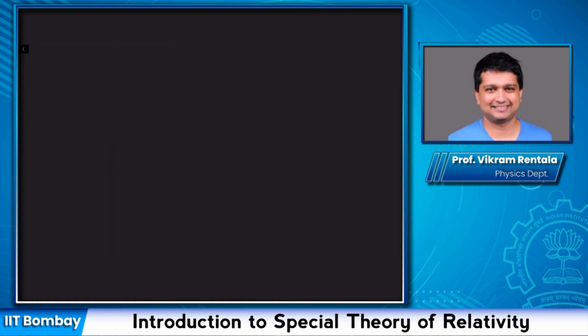All right, now that we know how to establish a dictionary between two observers who are at rest with respect to each other, let's ask a different question. Let's take two observers, but let's suppose that the first observer is here, and they have coordinate system x, y, and clocks of time interval t.